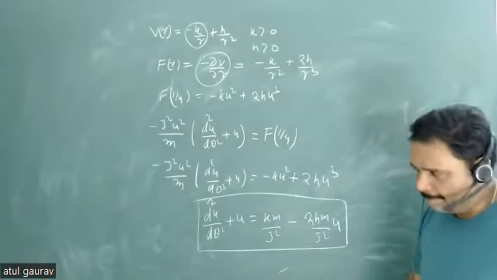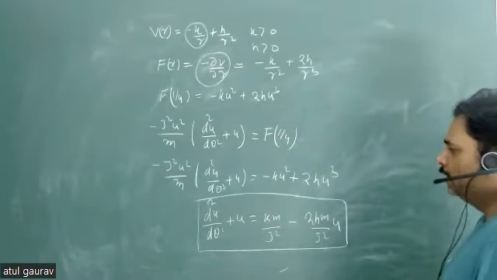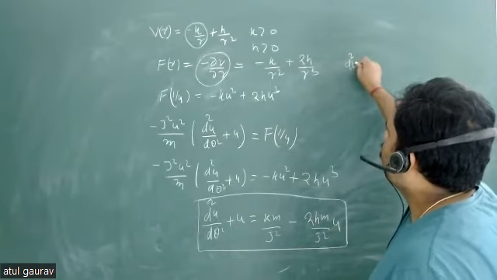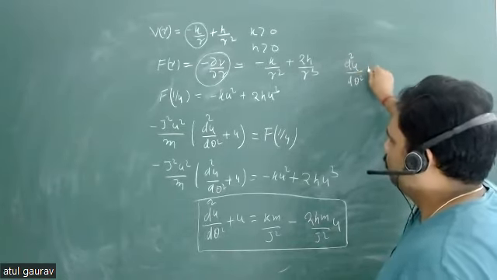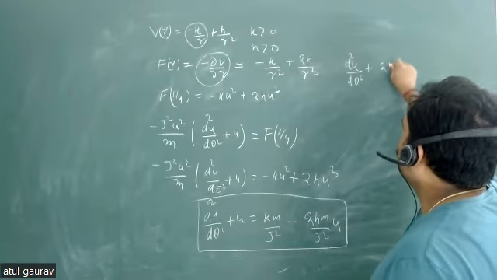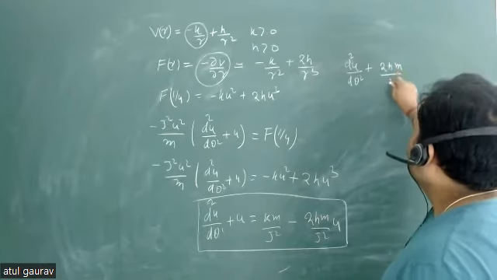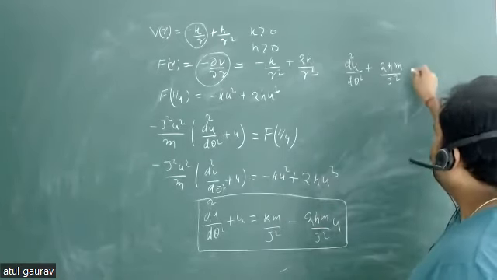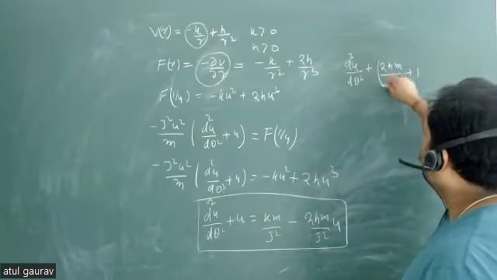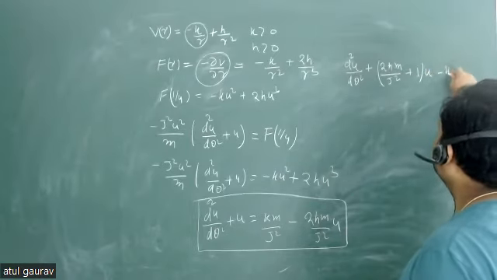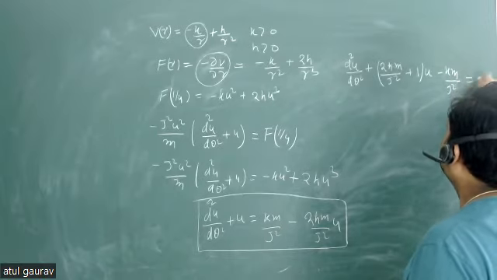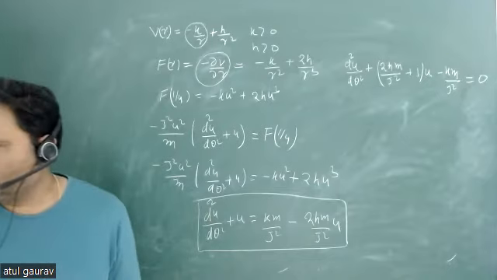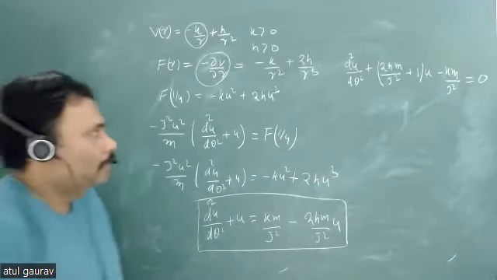I will take u common and rearrange this equation: d square u upon d theta square plus (2hm by j square plus 1) u minus km by j square must be equal to 0. ठीक है? Very good.